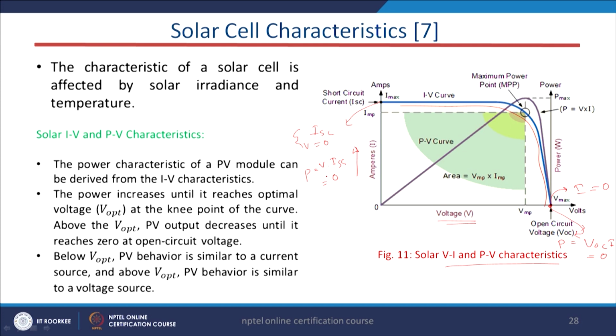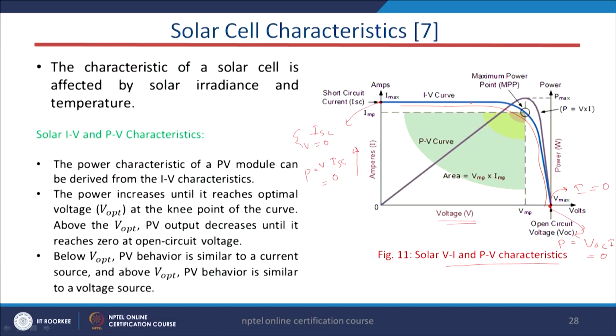That means at the starting point on the y axis, where we have the short circuit current, the power is 0, and here also the power is 0 where we have the open circuit voltage. That means at the two corners, the two end points of the VI characteristic of the solar cell, the power is equal to 0.